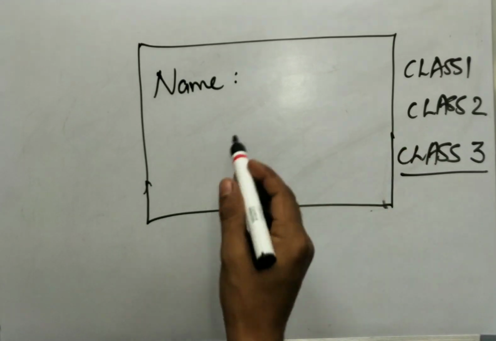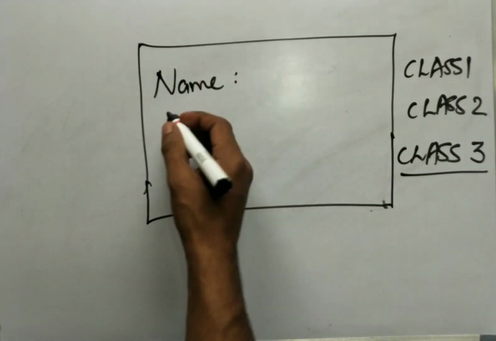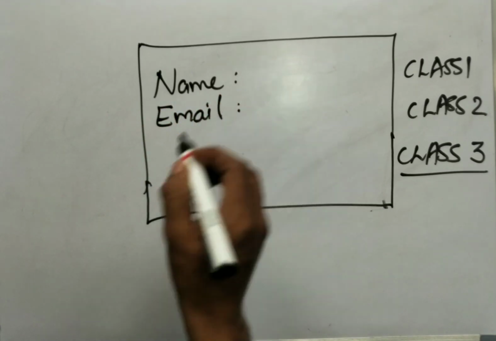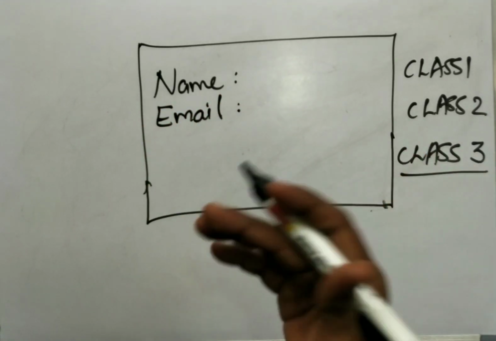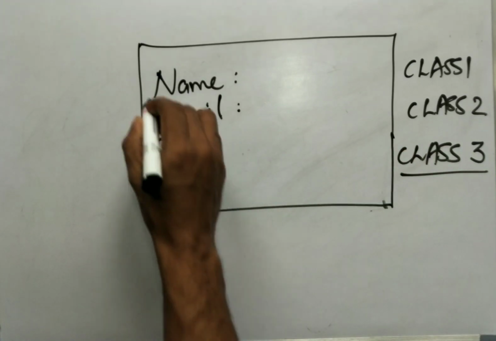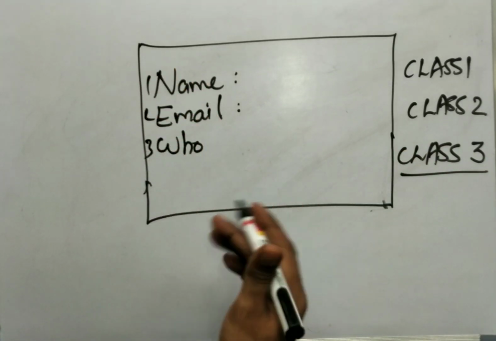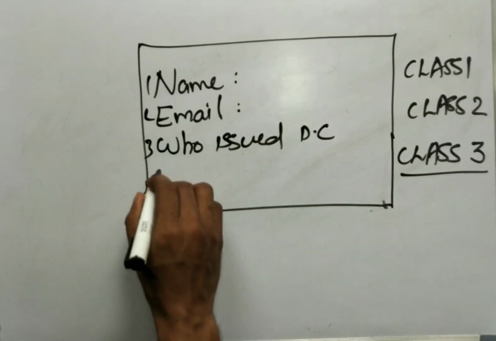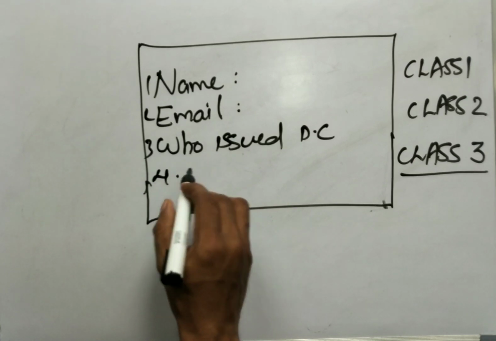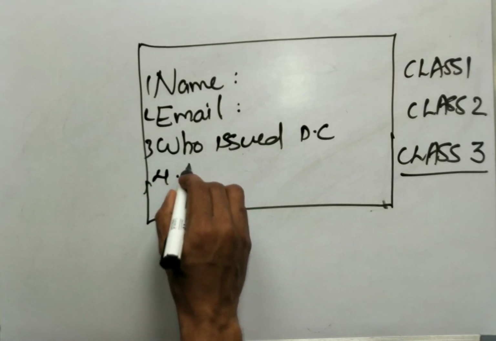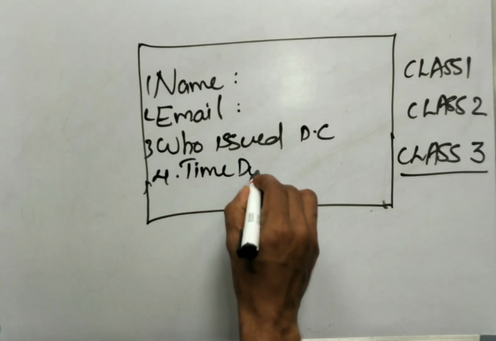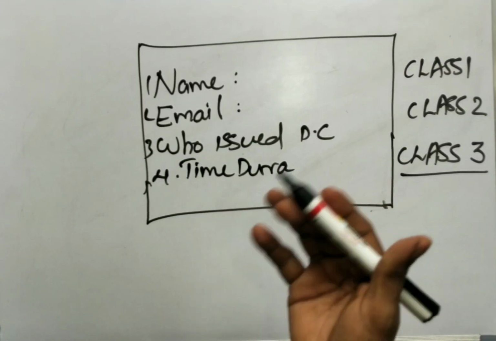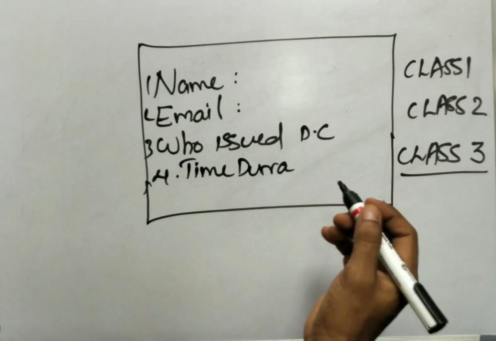So it will have your name, for example, and some contact information like phone number or email. Okay, some contact information, and who issued it. So this is 1, 2, 3. The third point is who is the issuer, who issued the digital certificate. And the fourth one is the time duration. Every certificate, whether it is an RC book or a driving license, will have a duration.